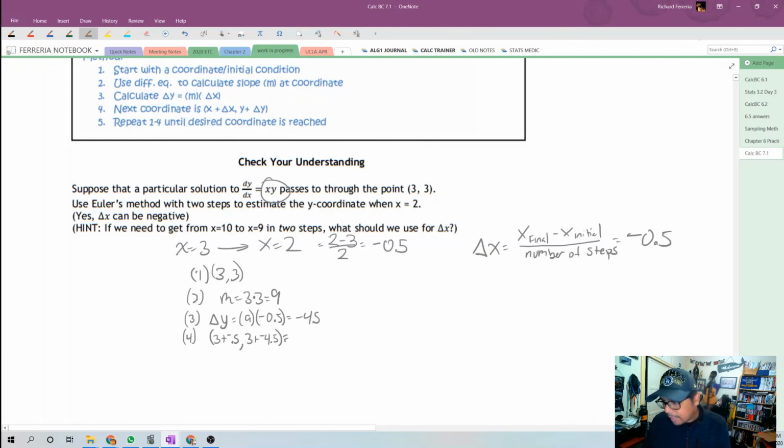And if we do our calculation, we get 2.5 and negative 1.5.